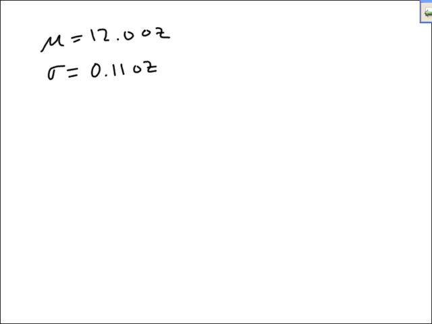Now, what if you wanted to find the probability of exactly 12.19? So you randomly select 25 cans.